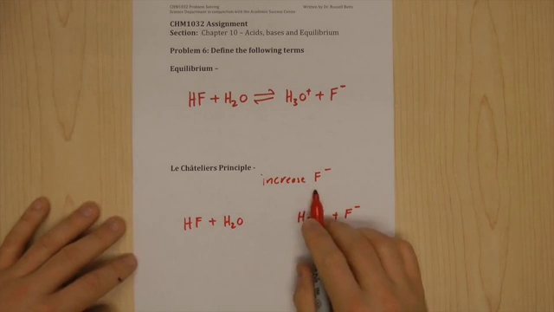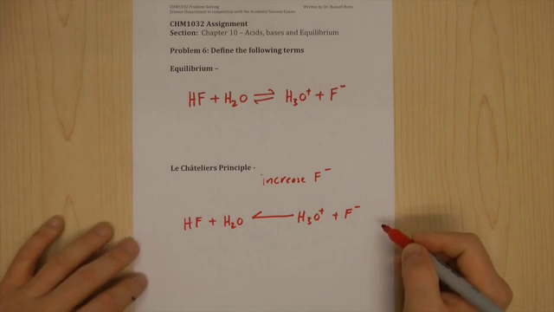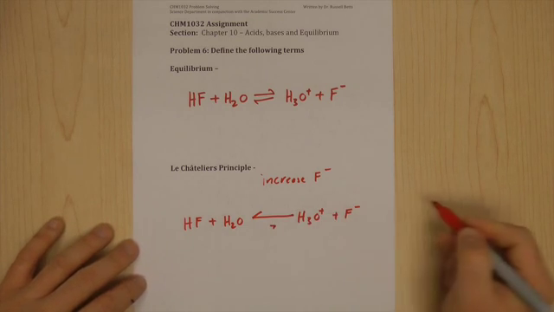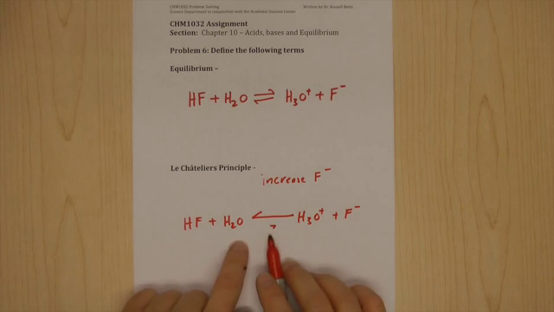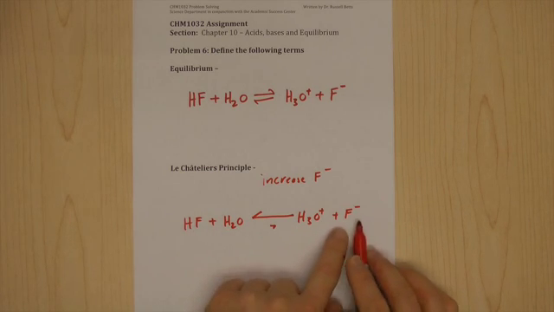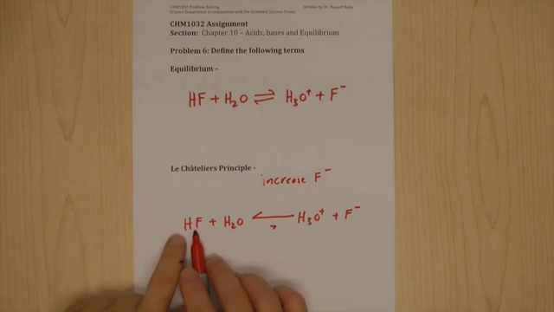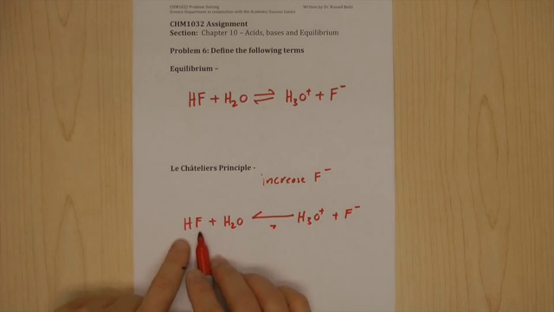If I increase F minus, this equilibrium will shift to the left. And I drew a little arrow going to the right to indicate that the forward reaction keeps going no matter what. It's just now that there's so much HF, the equilibrium is shifting to favor products. Okay? That's what I'm saying.